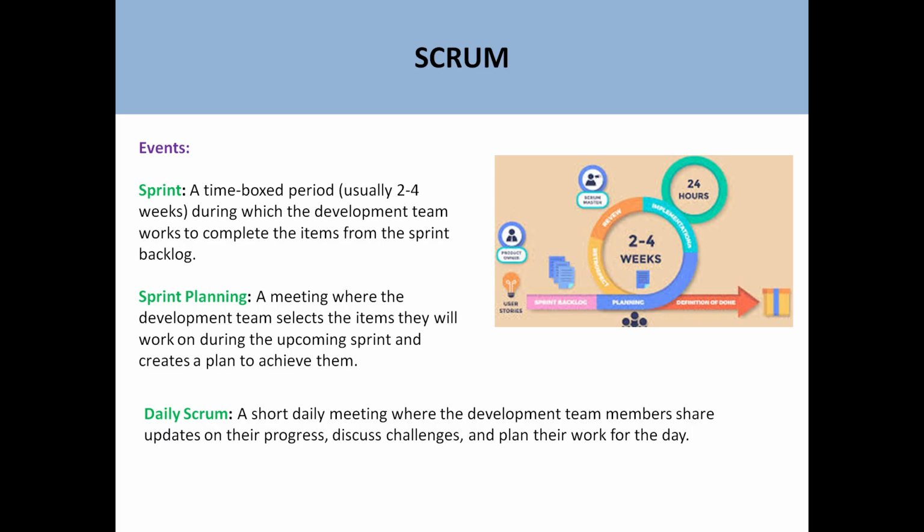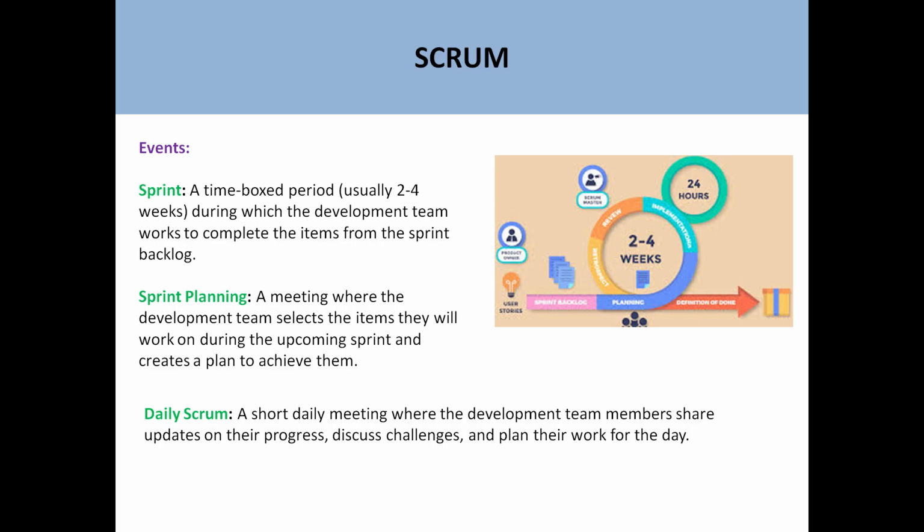So that means in the sprint planning meeting, the development team sits together with the product owner and the Scrum master as well. They basically take the tasks from the product backlog which can be done in the sprint.